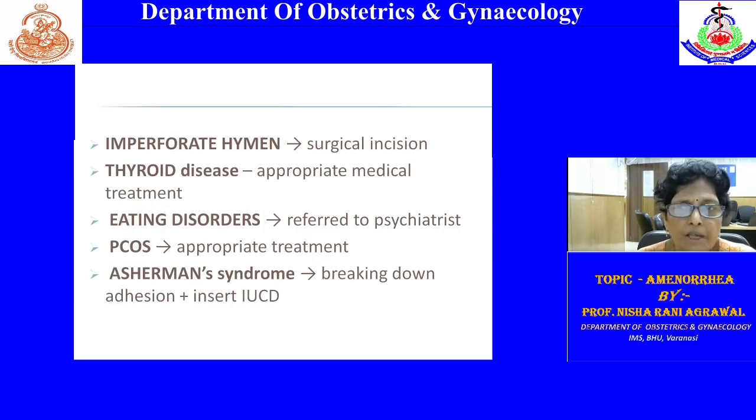Thyroid diseases, appropriate medical treatment, mostly hypothyroidism, then you need thyroxine supplementation. Eating disorders, if present, the patient has to be referred to a psychiatrist. For PCOS, appropriate treatment should be done, and that will again depend on need of menstruation or need of fertility. Asherman syndrome, breaking down of adhesions and insertion of IUCD is required.